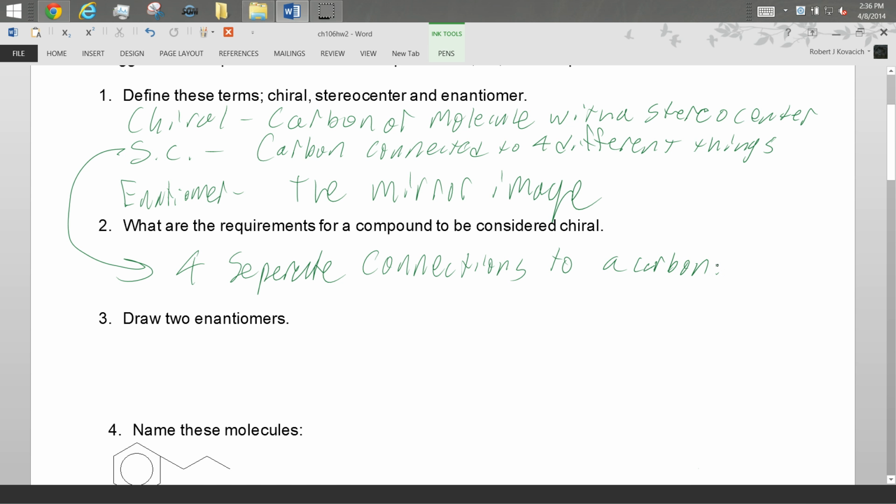Draw two enantiomers. All right. Let's go with a carbon and a hydrogen and a methyl group and an amine and a carboxylic acid. And then I'll draw the carboxylic acid on this side this time.